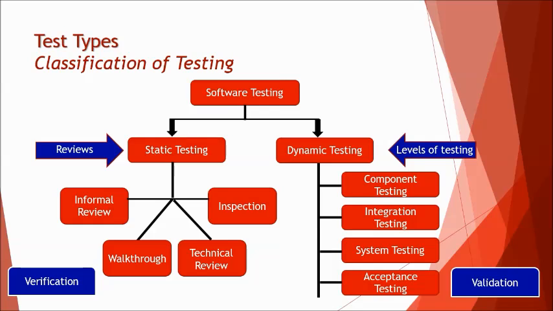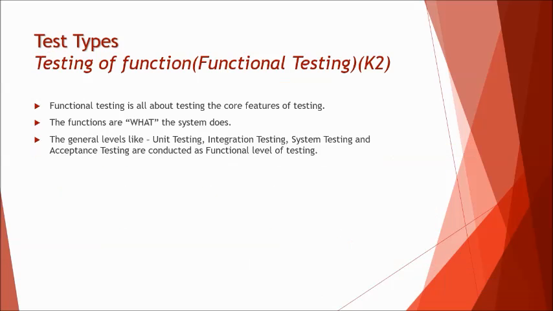Moving to the next thing, test types, or testing of function. That's your functional testing. When you differentiate between functional and non-functional testing levels or testing types, functional basically starts with the core features of the application, where you kickstart by defining certain core fundamental features of an application with the set of requirements given to you.